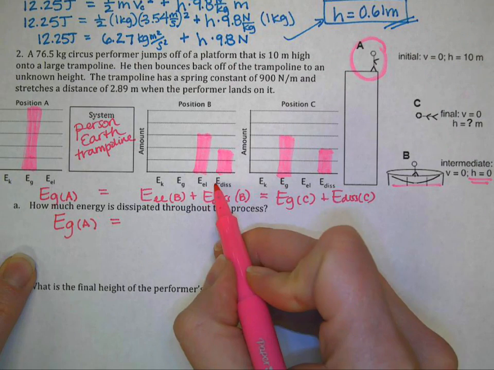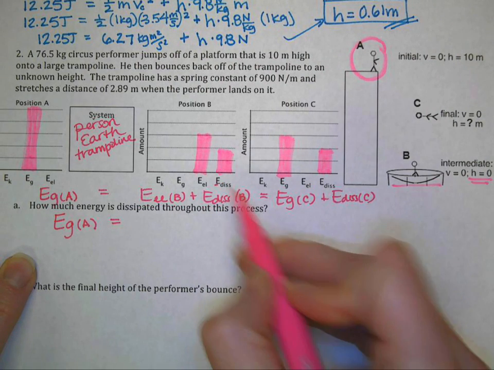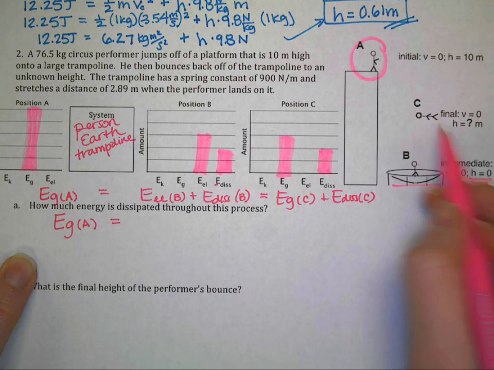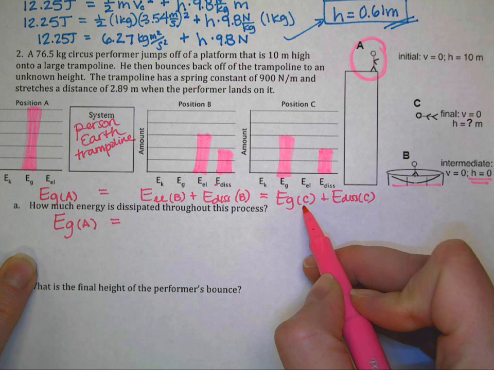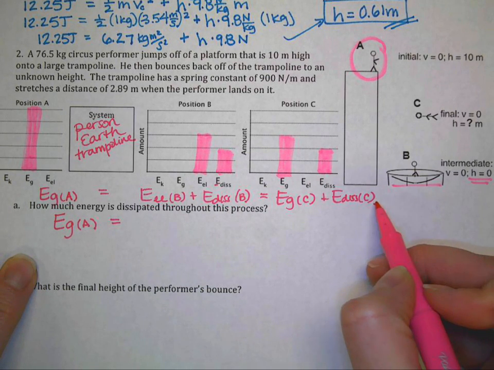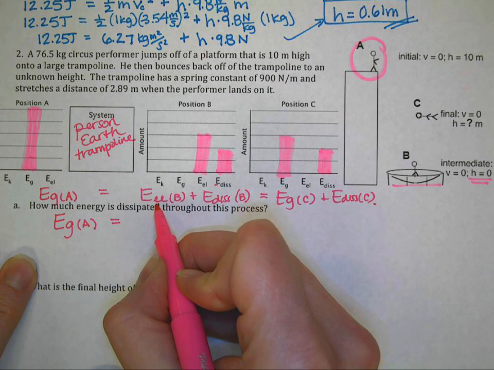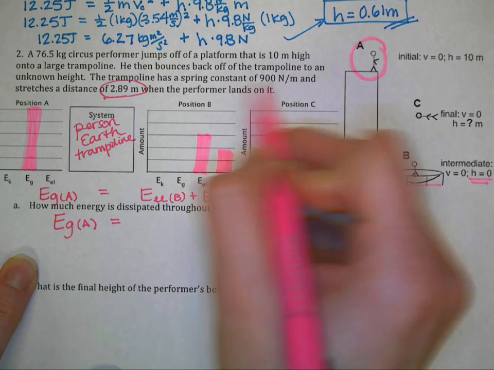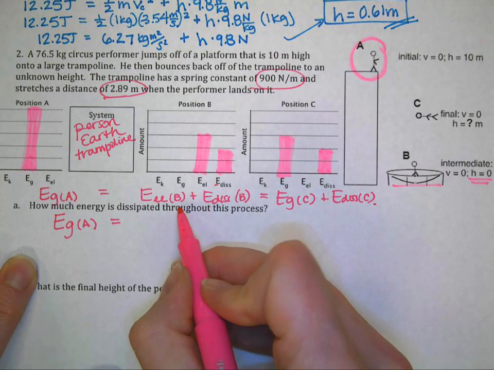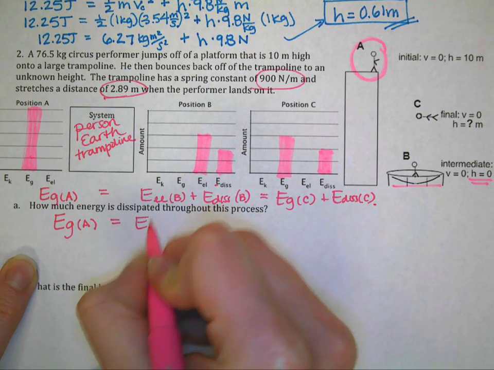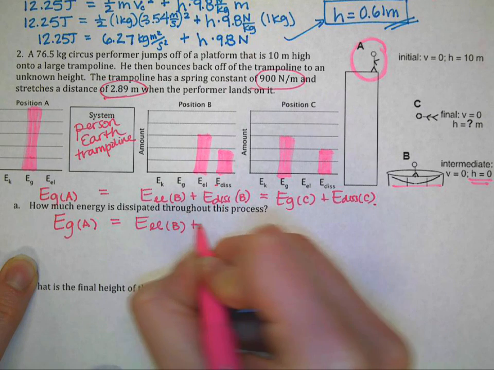Now we have our choice between these two. Because we don't know the height at position C, we can't calculate this unknown energy, so we can't calculate the dissipated energy. We do know the spring constant and the amount that the spring was stretched at position B, so that seems to be the only way we can finish this problem.